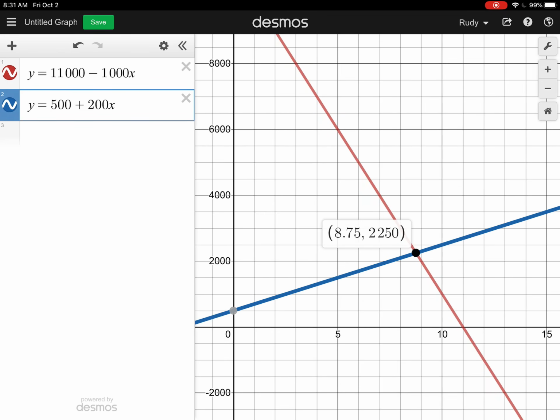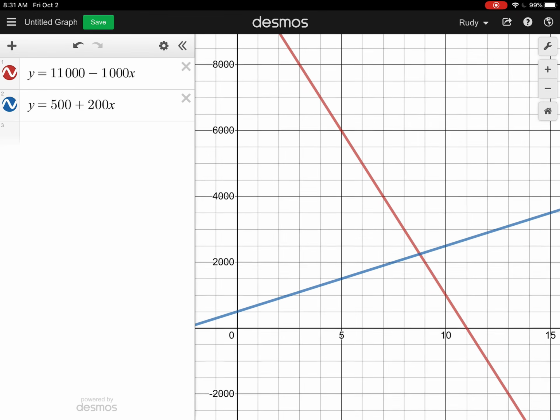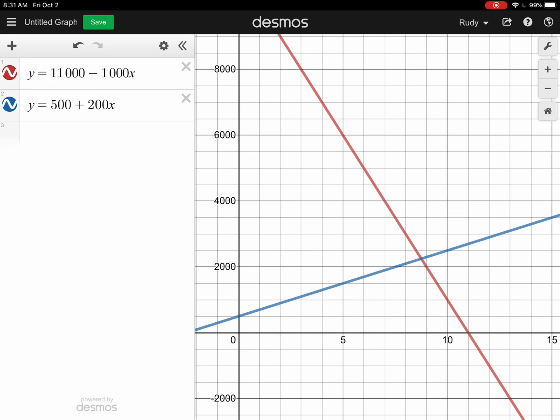So realistically, what that means is that fairly soon this pattern has to break down. It definitely can't continue. I mean, according to this, in year 10, according to this model, there will be only 1,000 fish in the lake, but there will be almost 2,500 fish eaten by osprey.